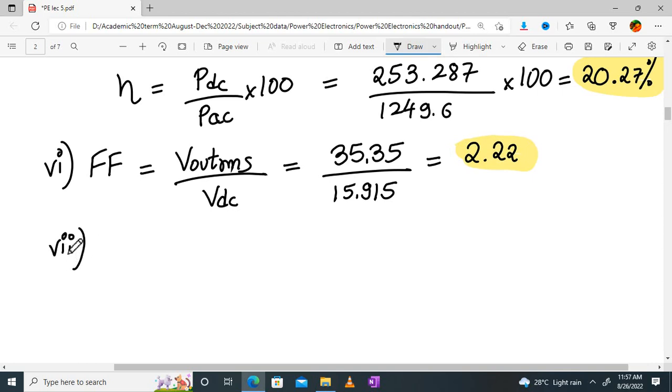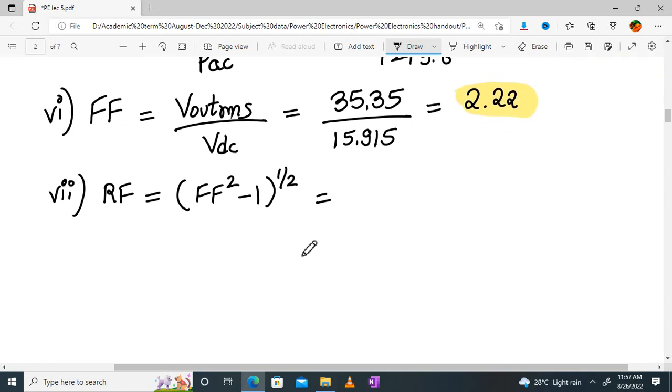Next is ripple factor. RF. What is the formula? Form factor square minus 1 raised to half. You check your yesterday's notes, it's written there. So it will be 2.22 square minus 1 raised to half. How much is that?